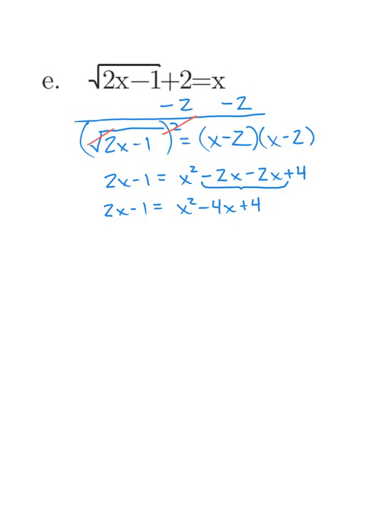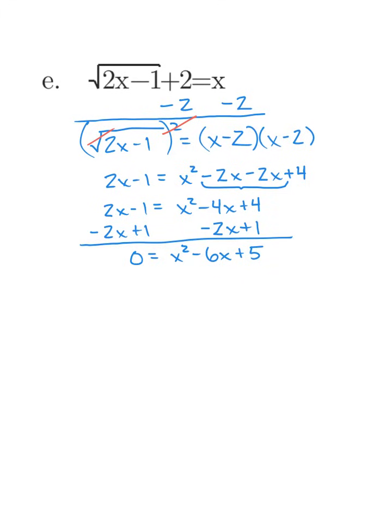Okay, this is a quadratic equation, so in order to solve this, I want to move everything to one side. I'm going to subtract 2x and add 1. That gives me 0 equals x squared minus 6x plus 5.